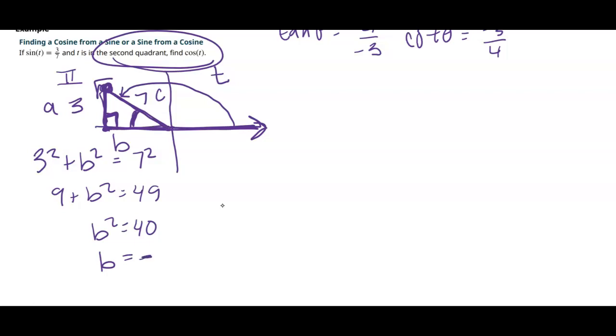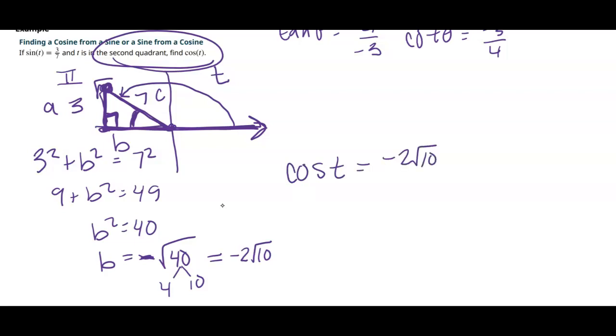So we would actually have the negative because my x is in the negative direction, so negative square root of 40. I could take out a 4, so I'm going to say negative 2 root 10. And so therefore the cosine of t is going to be negative 2 root 10 over 7.